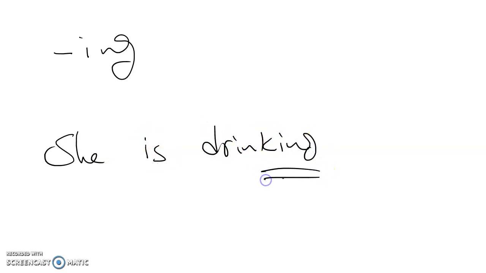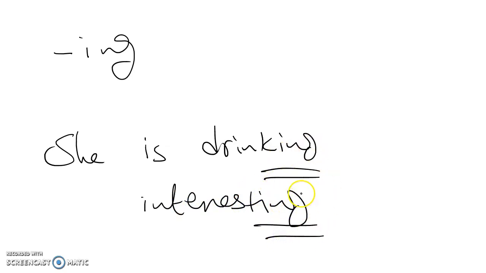So I have got here the continuous tense, and we can say it is interesting. So the same suffix, I mean the -ing, could be added to a word either to make it a continuous tense verb or to make it an adjective.